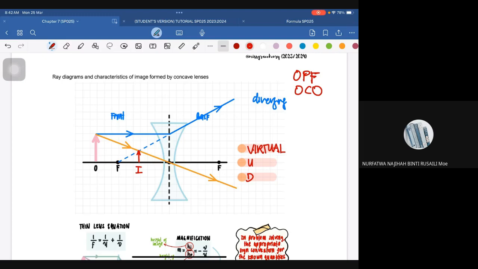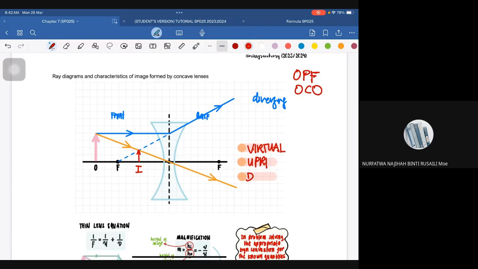Next, what do we know? Since this image has the same orientation as the object, so object pointing upwards, image pointing upwards, we call this image as an upright image. Okay, and then last one, kalau kita tengok size object ni lagi besar dari the image, so this image is known as a diminished image.